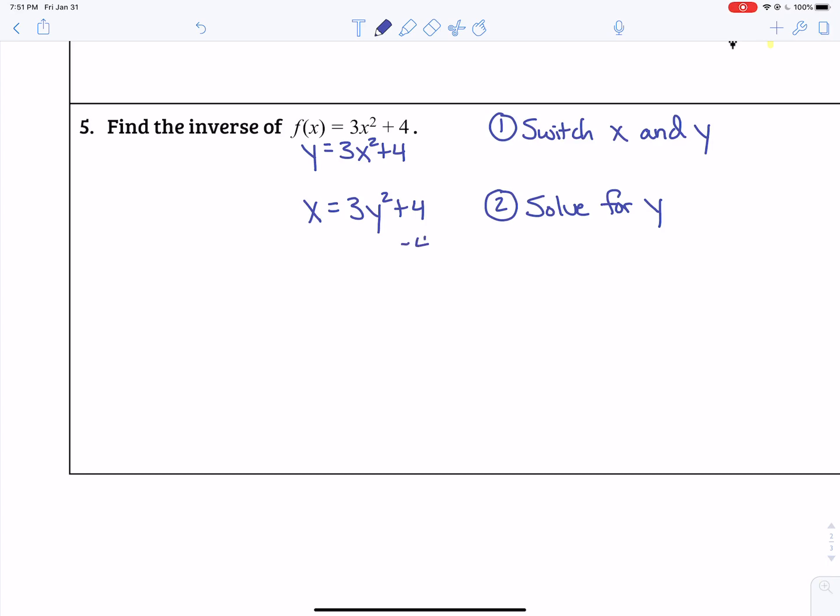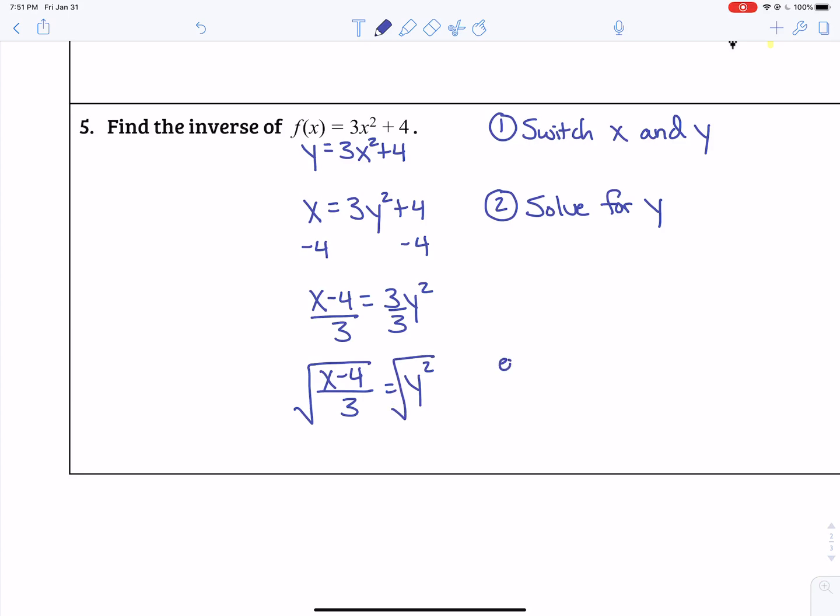I would subtract the 4 first, so you get x minus 4 equals 3y squared. Then divide both sides by 3. So divide the whole x minus 4 by 3. Make that a big fraction bar right there. And then you have y squared, so you need to take the square root of both sides to get y by itself.